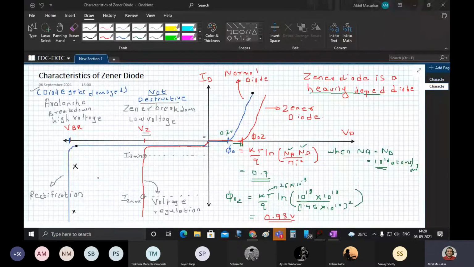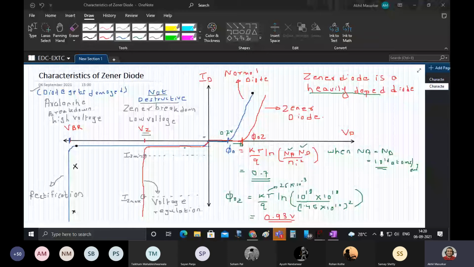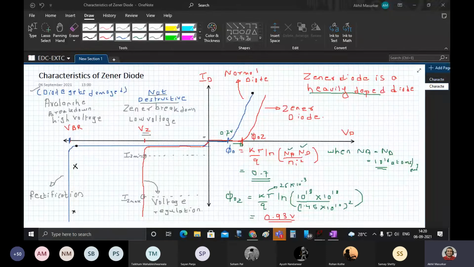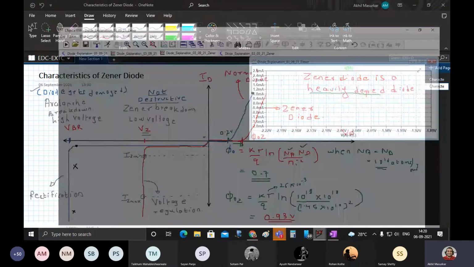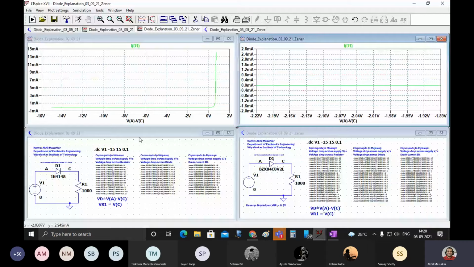First we plotted blue, then we plotted red with the help of a separate file. Blue means normal diode and red means Zener diode. So for that we had two different files here, one for normal diode, one for Zener diode. We got characteristics of normal and Zener.